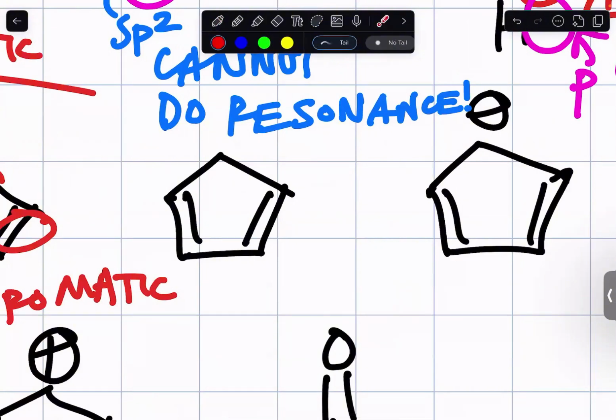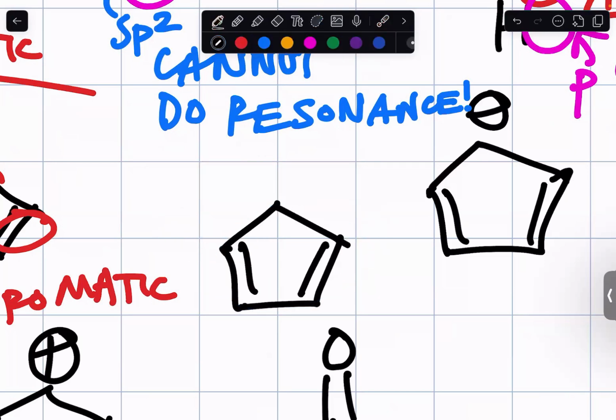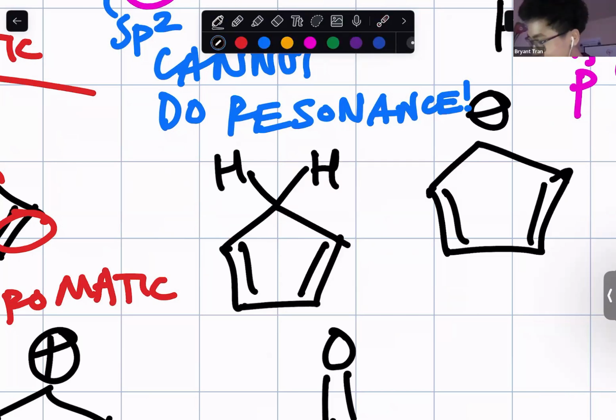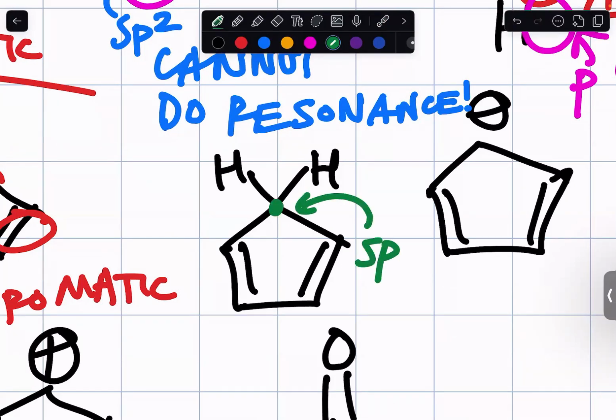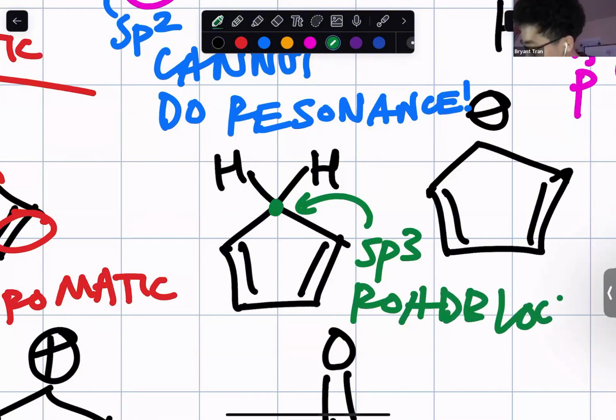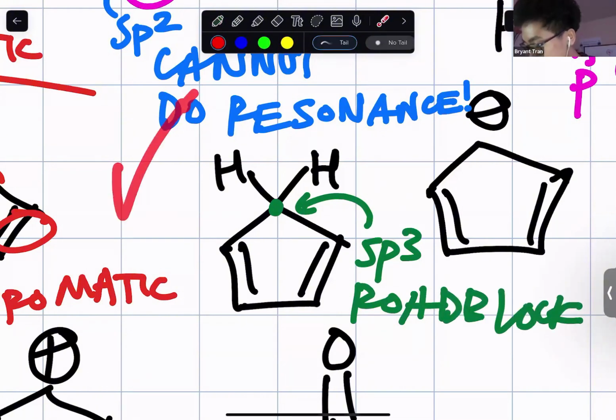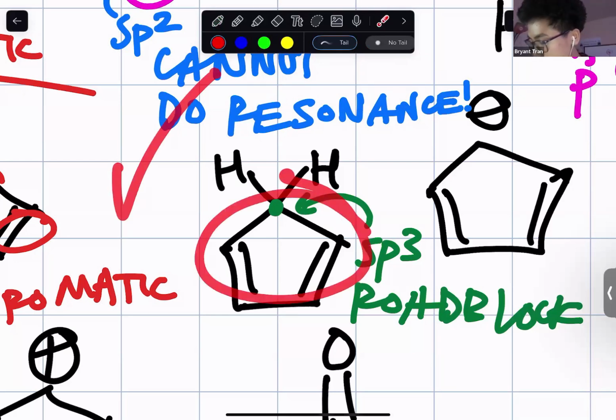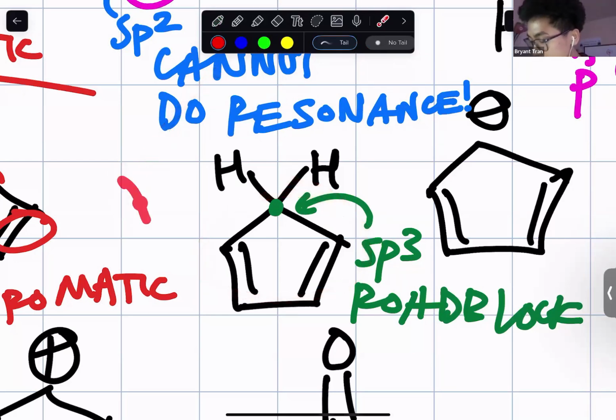So we have 2 invisible hydrogens, and then I know that, well, it's not fully conjugated. Not fully conjugated because of this sp3 roadblock. That sp3 roadblock is blocking resonance, making it not fully conjugated. It is cyclic, all this is in a ring, but it's not fully conjugated and it's not planar because of this sp3 carbon right here that has a tetrahedral shape with a 109.5-degree angle.